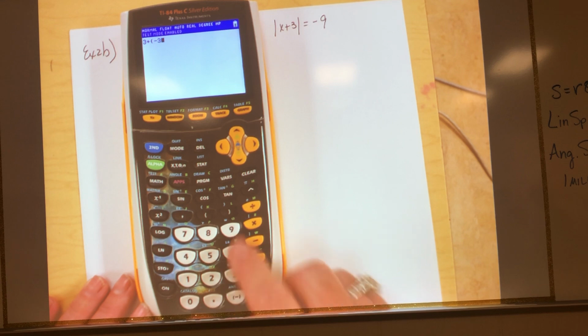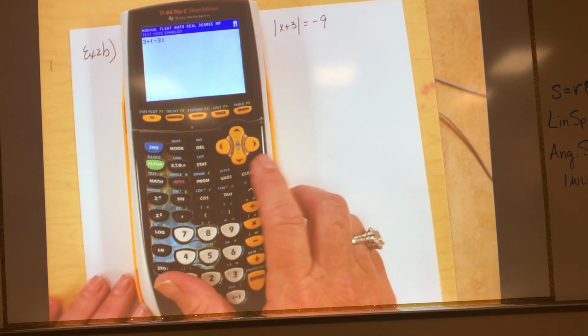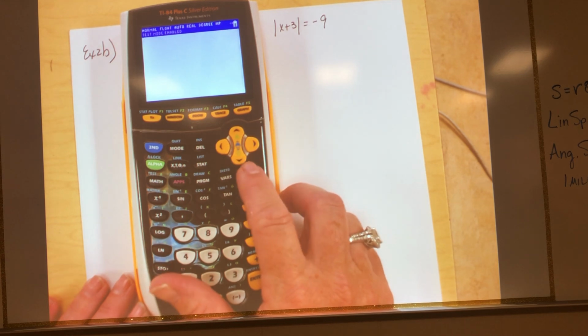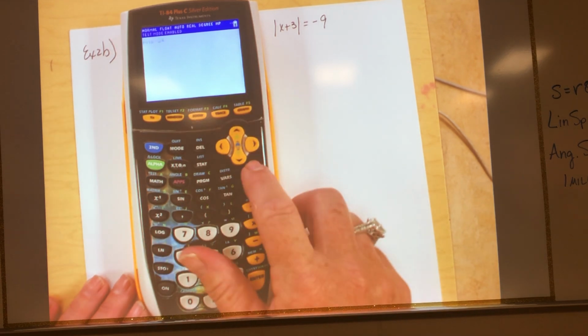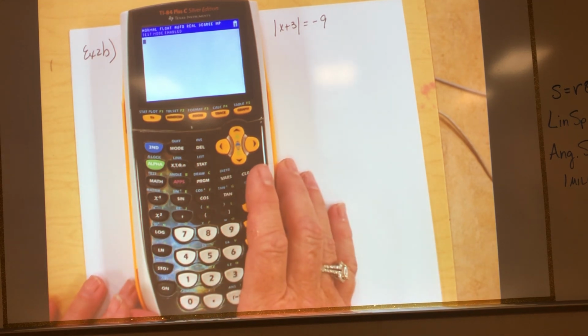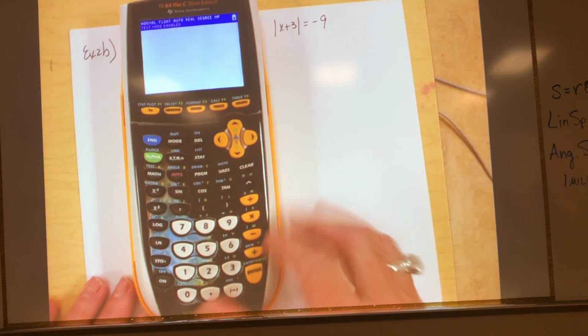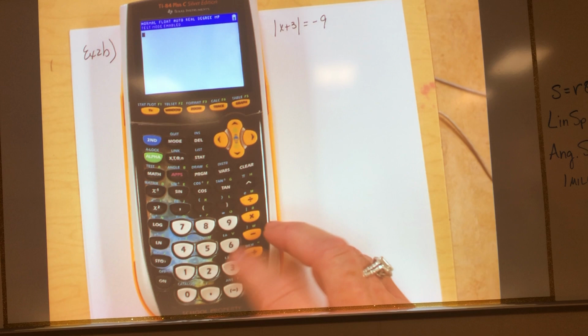Minus 3. It still won't let me do it. Are you trying to get the syntax error to show up? Yes. Then just hit a random number and then the multiply button and then enter. Oh, the negative. Okay. Well, I was trying to show you that the calculator will not use this minus sign as a negative sign.